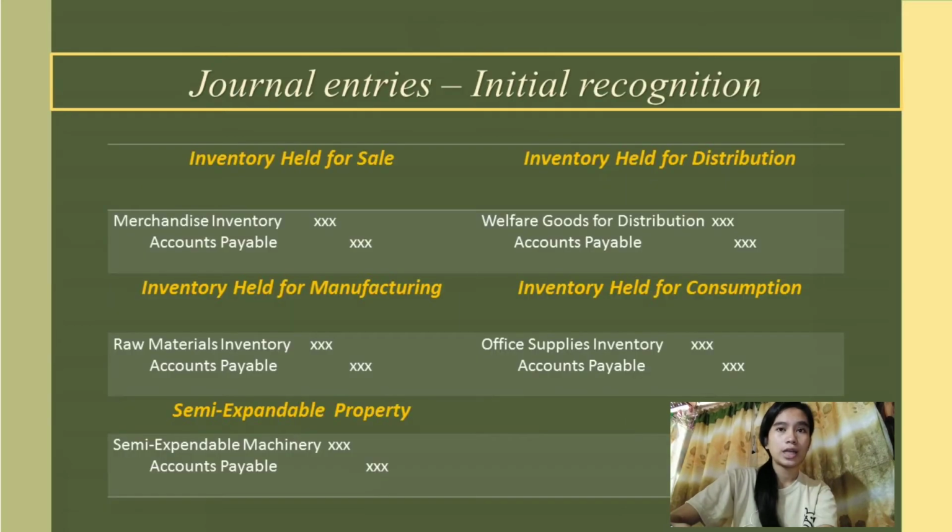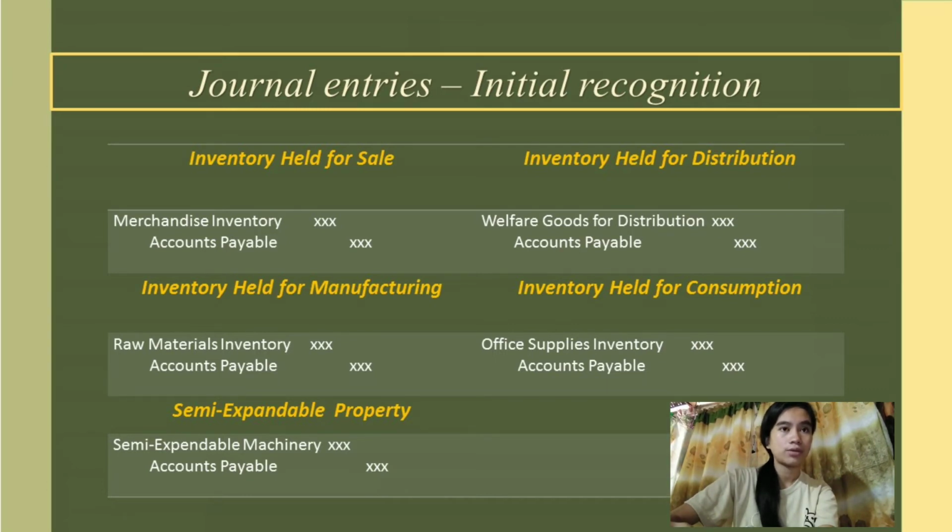So here are the journal entries for initial recognition of inventories: for inventory held for sale, inventory held for manufacturing, inventory held for distribution, inventory held for consumption, and semi-expendable property. As we can observe, the credit for all the kinds of inventories is the same, and they differ only in the debit side.